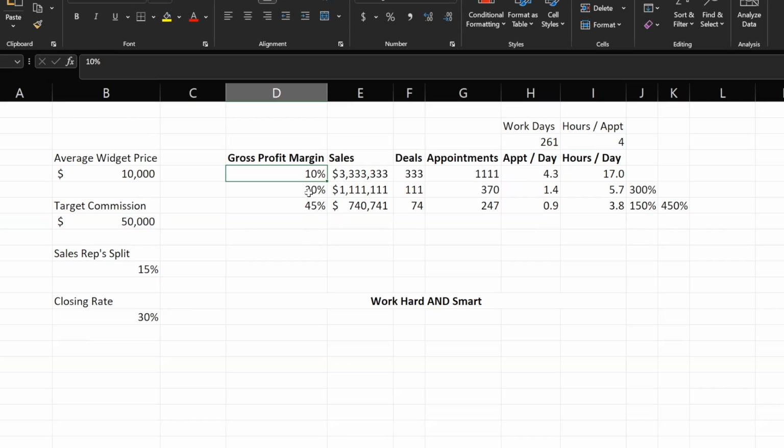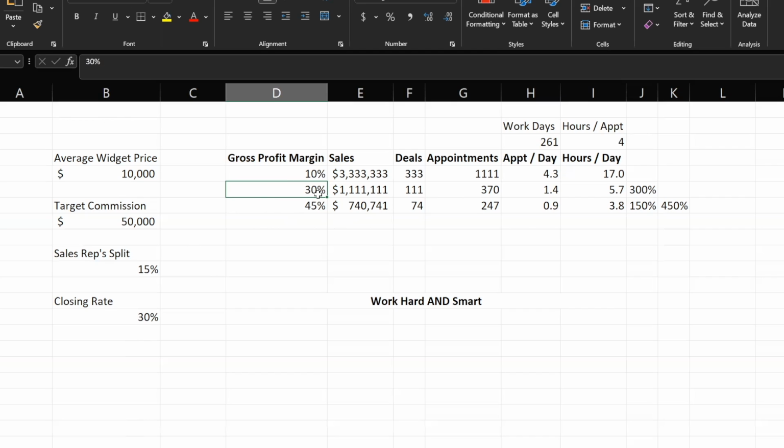Well, if you increase the gross profit margin, and let's say we're not adjusting anything other than the percentage of the gross profit margin, so everything else stays the same, but the product or widget or service that you deliver, you're actually making 30% gross profit margin on it.